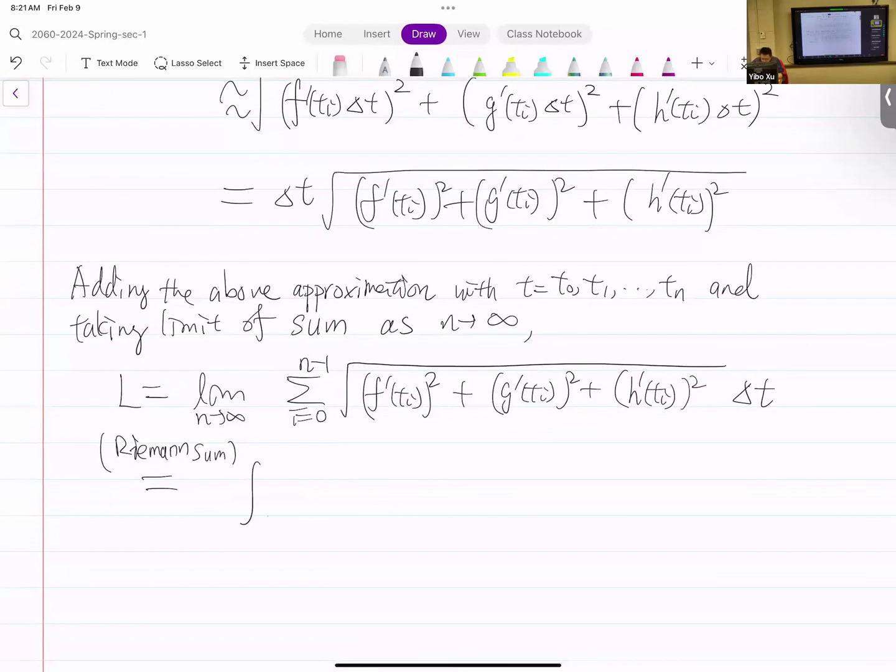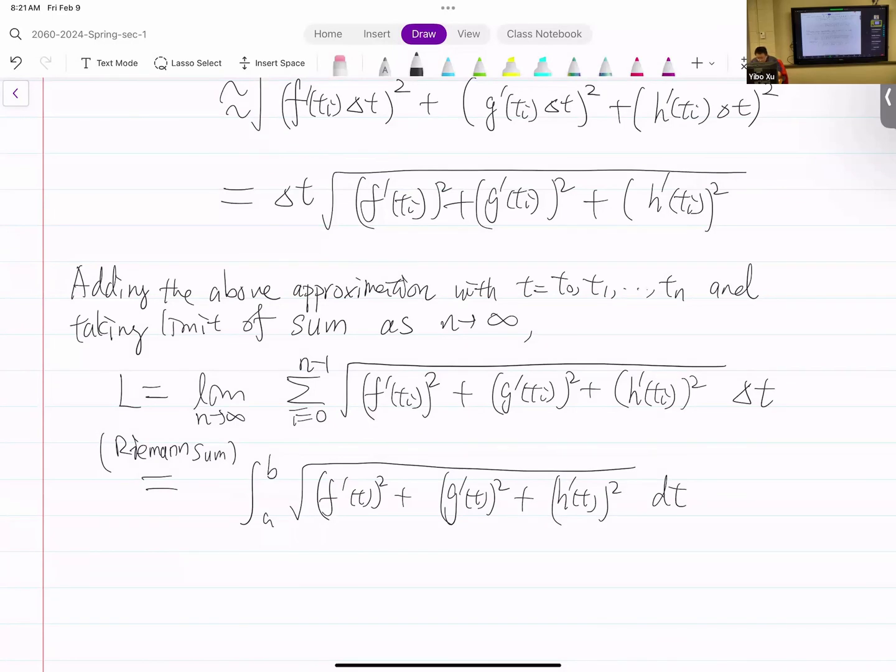So it's the integral from a to b of f prime of t squared plus g prime of t squared plus h prime of t squared, dt, right? dt at the end.